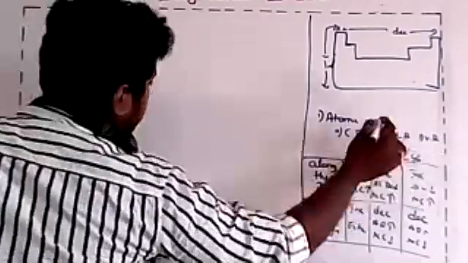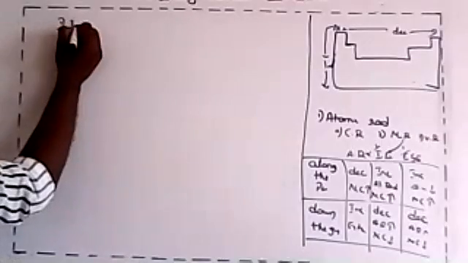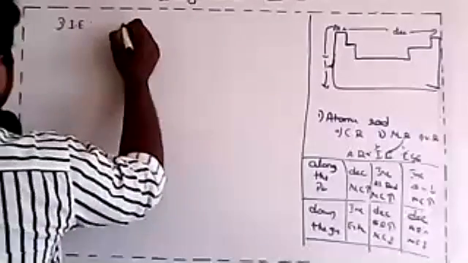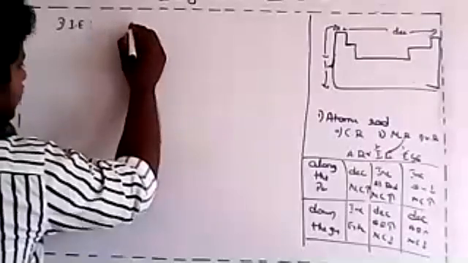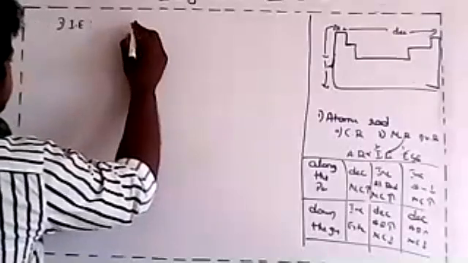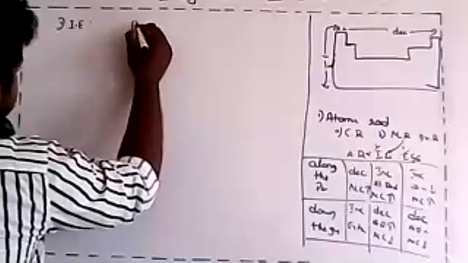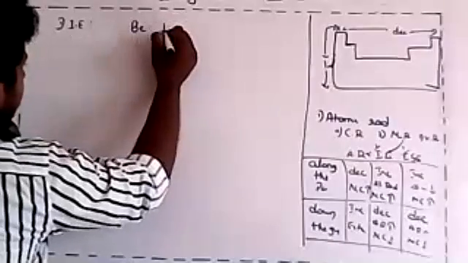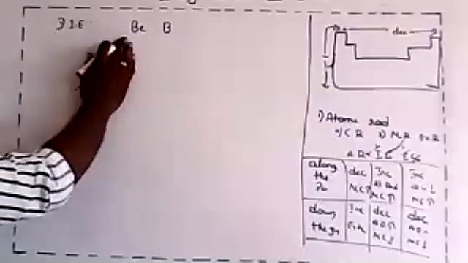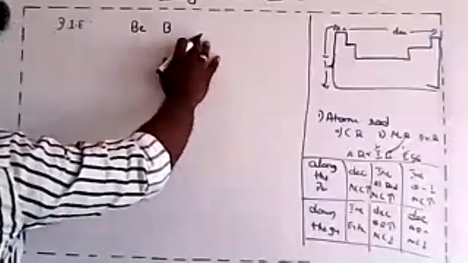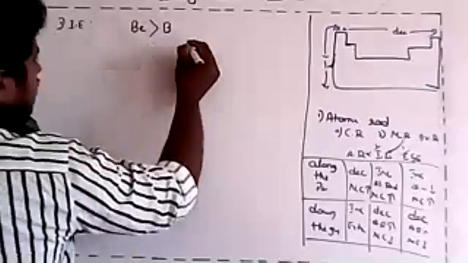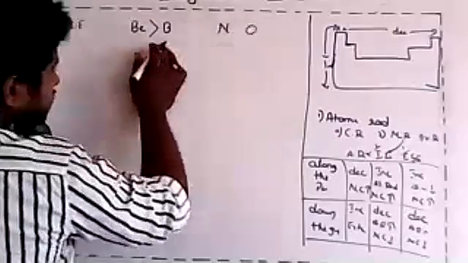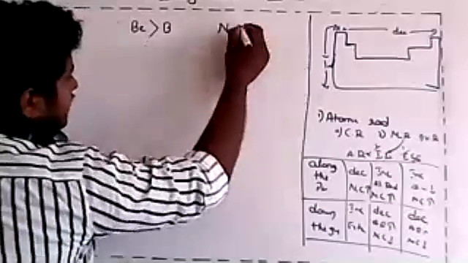Now we have seen some of the variations. For example, in ionization enthalpy along the period, when you compare beryllium and boron, boron should have more, but beryllium has more. Similarly, from nitrogen to oxygen, it should increase, but it decreases.